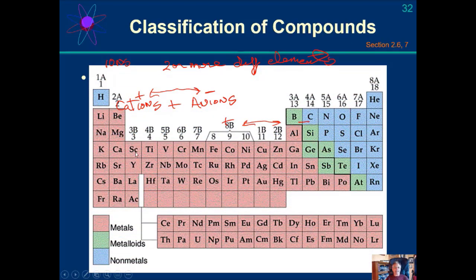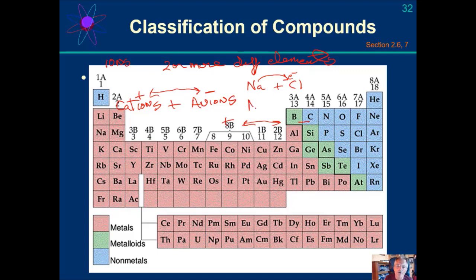So if I take any metal over here and I put it together with any nonmetal over here, the metal will give up the electron, the nonmetal will accept the electron. So let's try a couple of those. If I have sodium metal and I have chlorine, the sodium is going to give up an electron to chlorine.